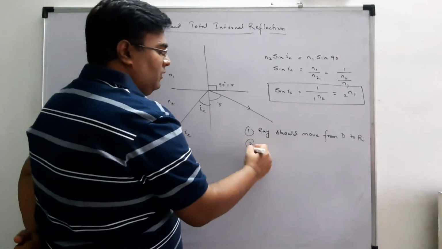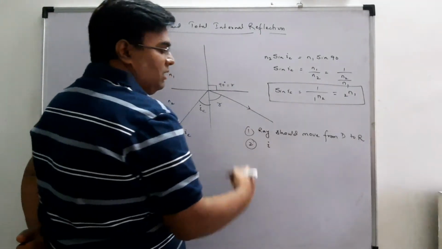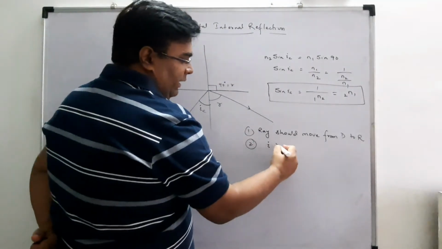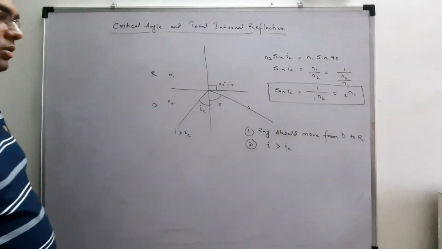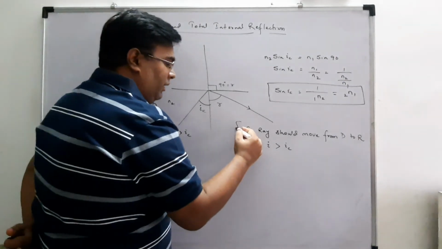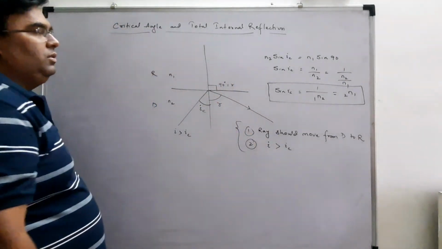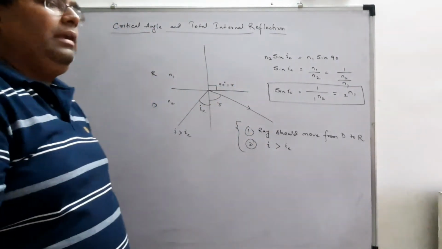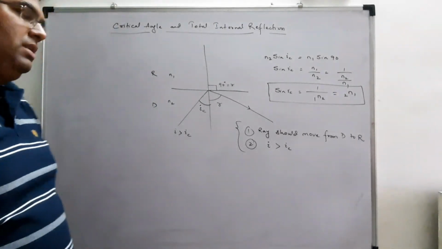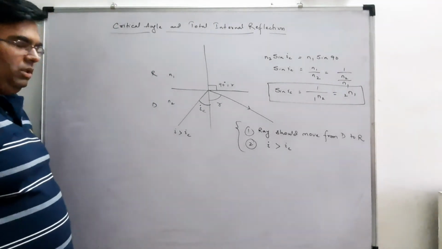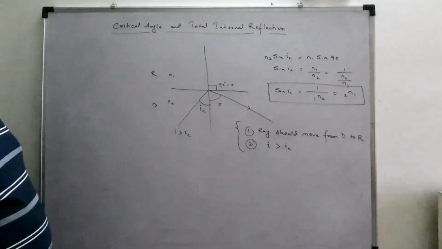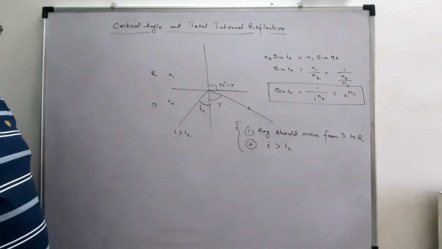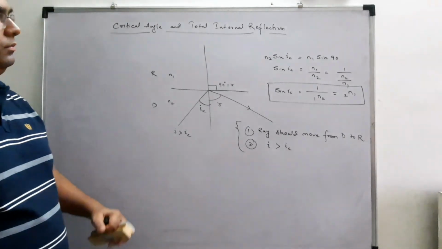Second, my angle of incidence I should be greater than the critical angle. So these are the two criteria so that total internal reflection takes place, right? This is a very important concept. Our optical fibers are based on this concept only, okay? Understood?